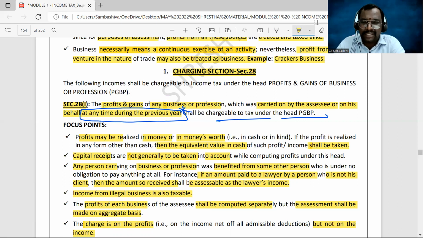Then the income arising out of that business activity is taxable under the head PGBP. So the condition is that the business must be in existence, must be carried out at any time during the previous year. Are you following or not?